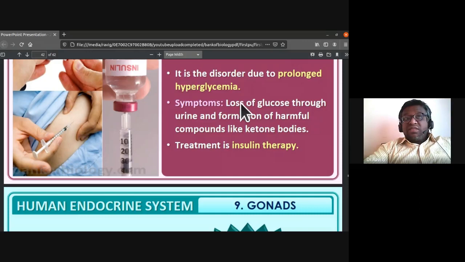So all these three are the symptoms: frequent urination, excess consumption of water, excess consumption of food. They are all the symptoms of diabetes mellitus: polyphagia, polydipsia, polyuria.